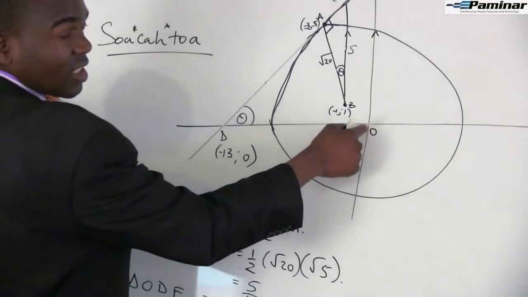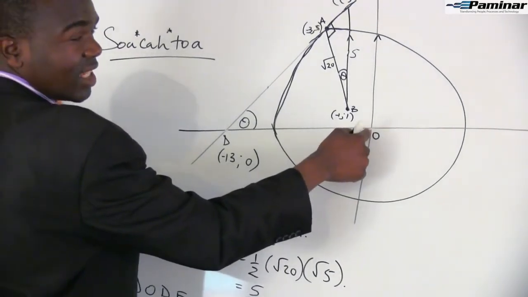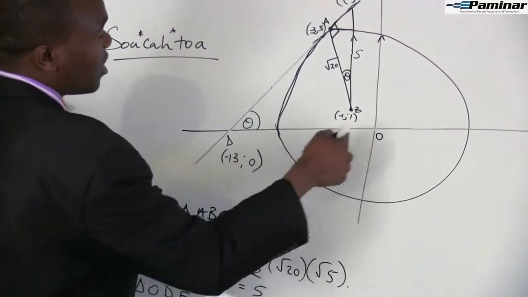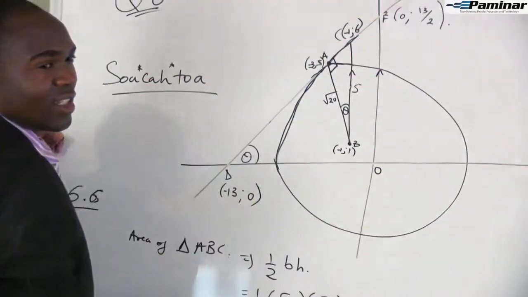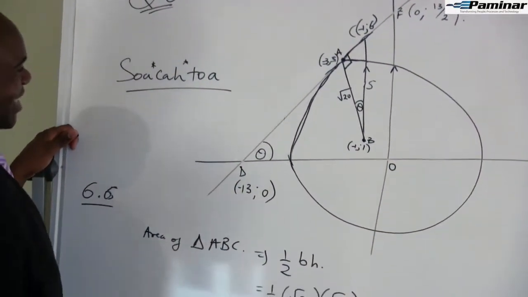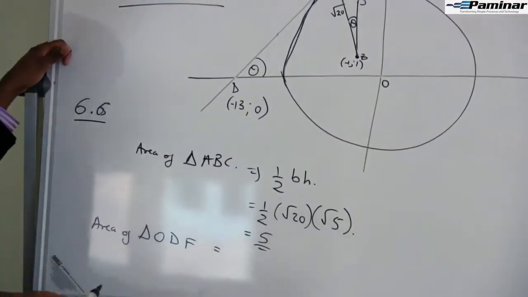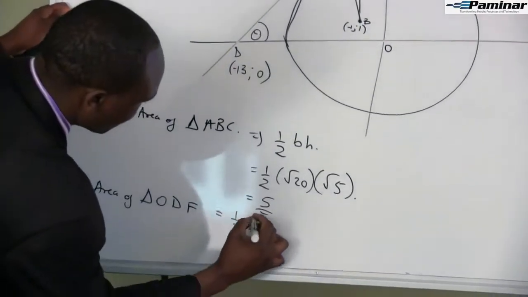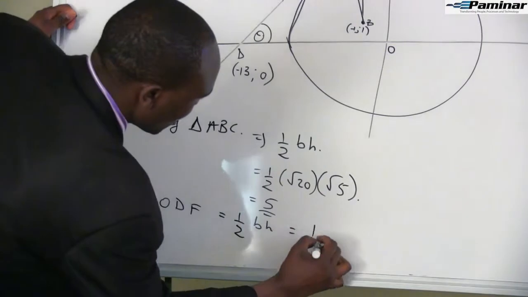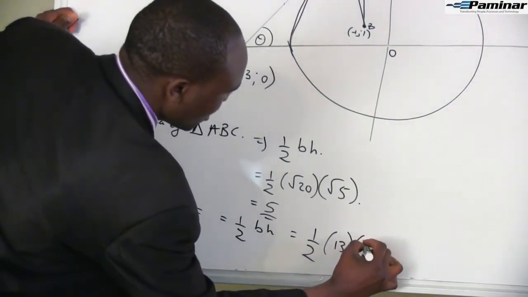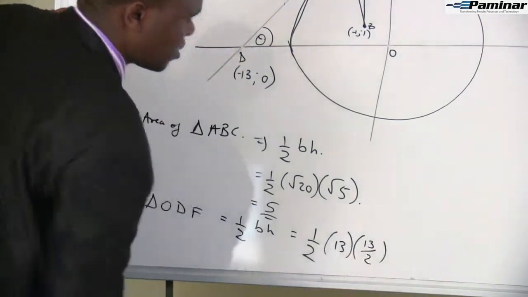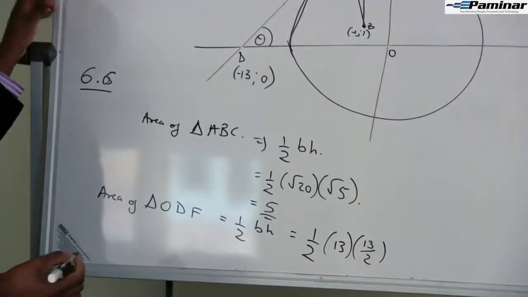From here to there? 18. That's why I wrote it here. From here to there, 18/2. Okay, so now we can also do it like that. Half base times height, which is half of 13 times 13/2. What is the answer?